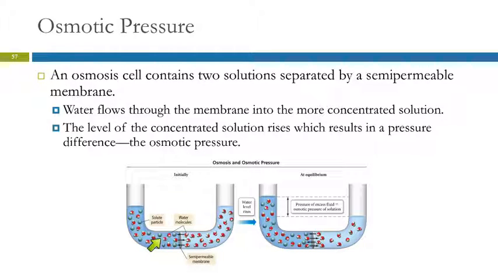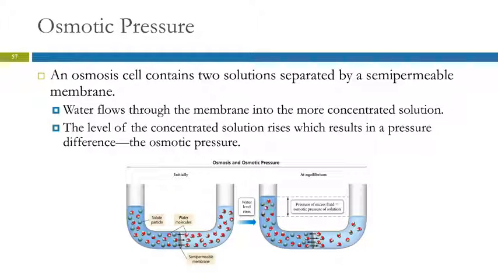On the other side, the water is also going to go through in the other direction, but now there are solute particles that are in the way. And so the water cannot go back as easily. And so the result is there's a net flow of water from the pure water side to the higher concentration side. And that will keep going.